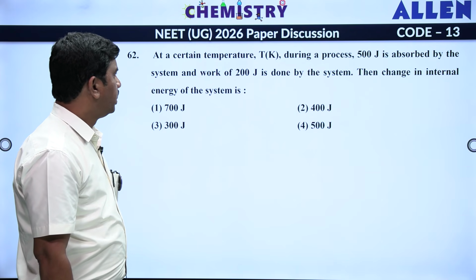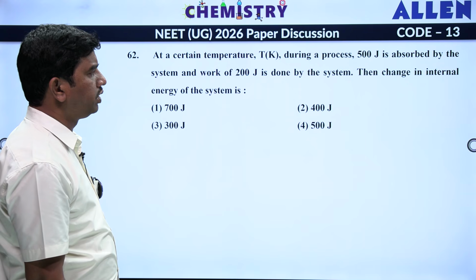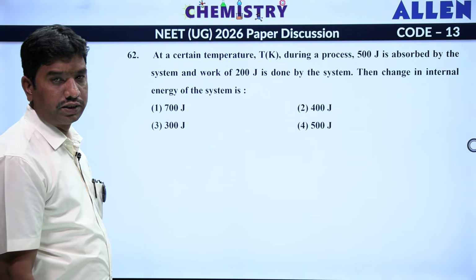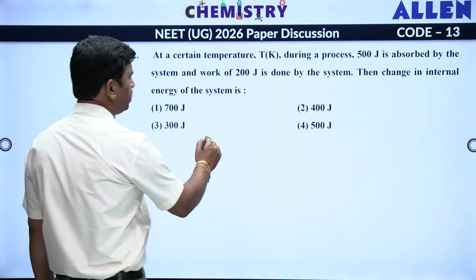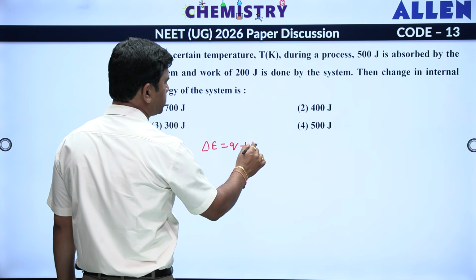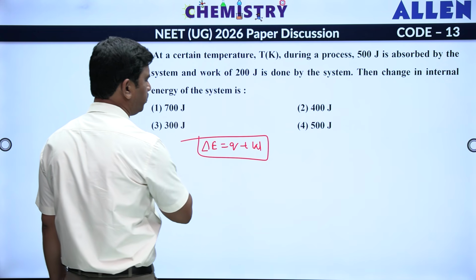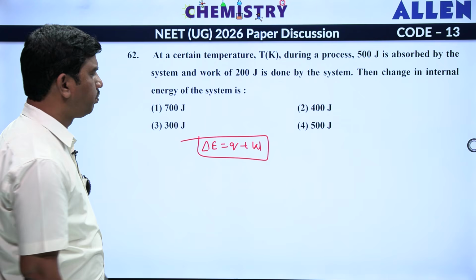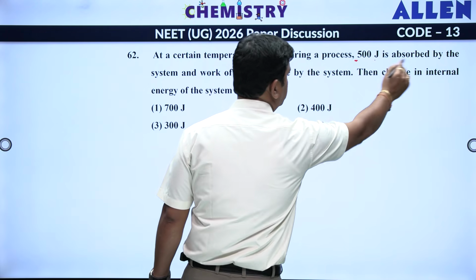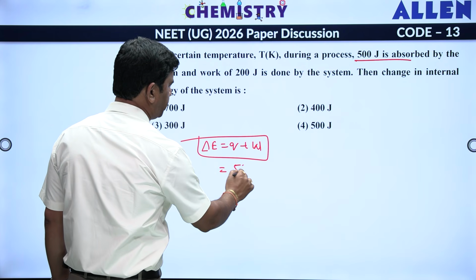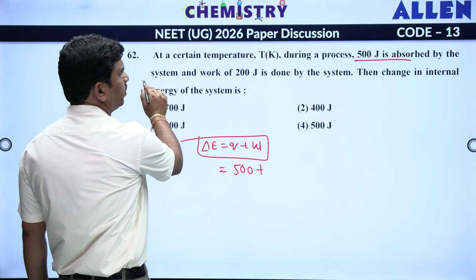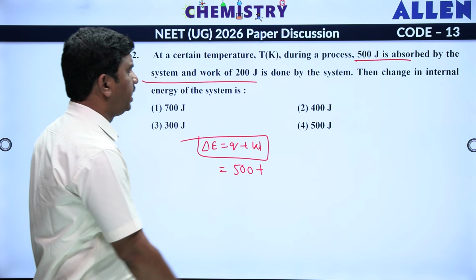Next one. At a certain temperature during a process, 500 joules absorbed. So once again, this question is from thermodynamics. In thermodynamics, delta E equals Q plus W. Delta E equals Q plus W. Here Q is absorbed energy 500, which is positive, and W is work done by the system.